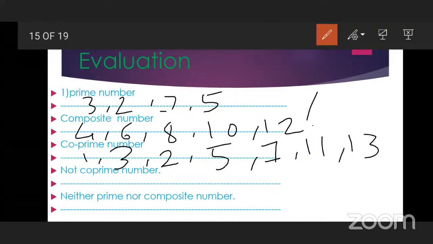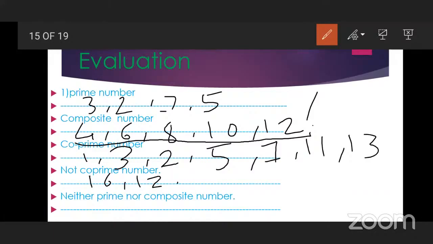Okay. Now, not co-prime numbers, for example 16 and 12. Also 4, 6, 8, 10, and 12 are not co-prime numbers because they have more common factors.